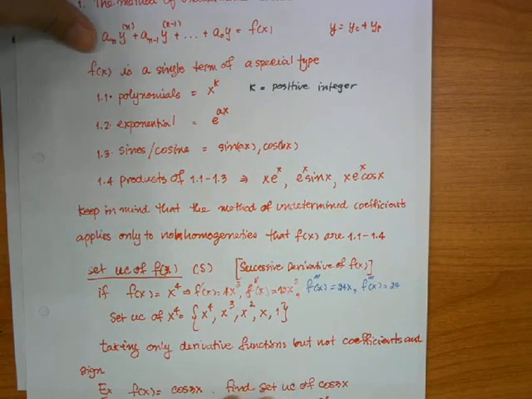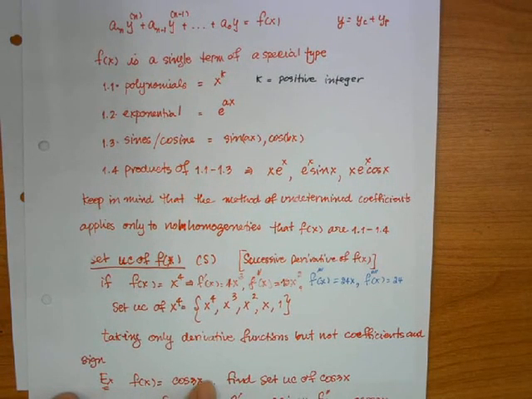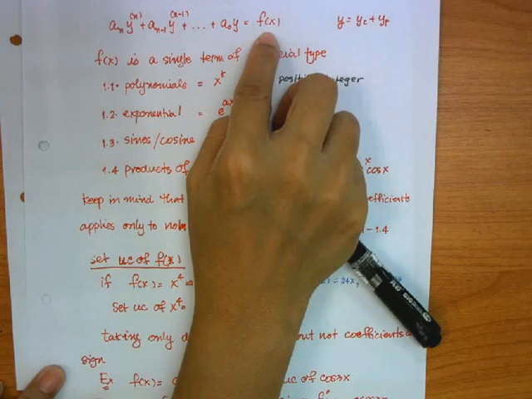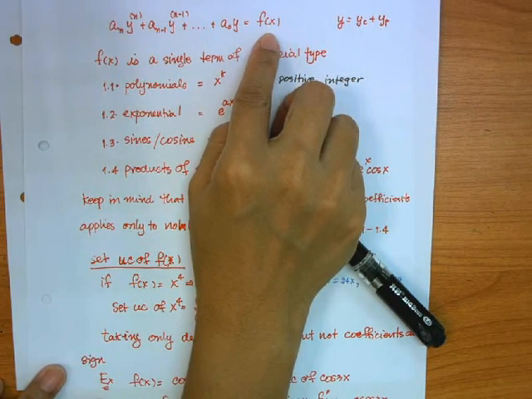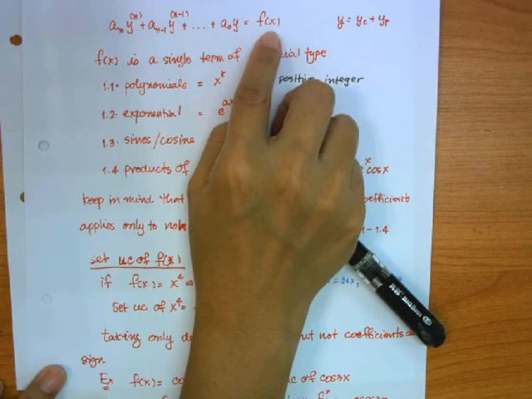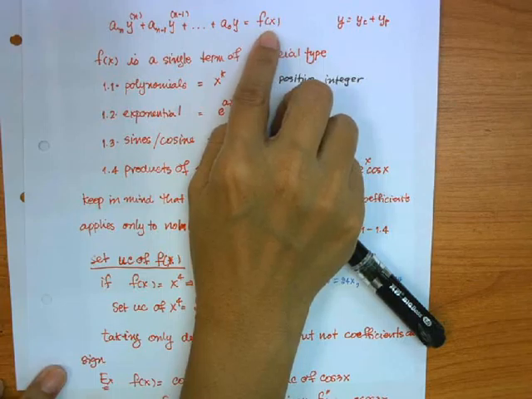Now, how about the function cos 3x? If our f(x) here is equal to cos 3x, can we use the undetermined coefficients method to find yp for this differential equation?